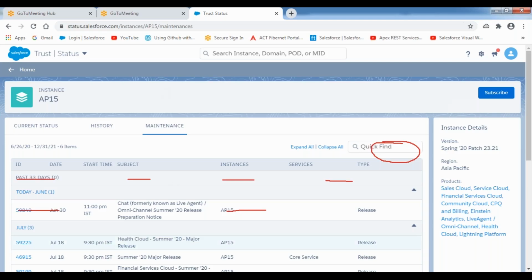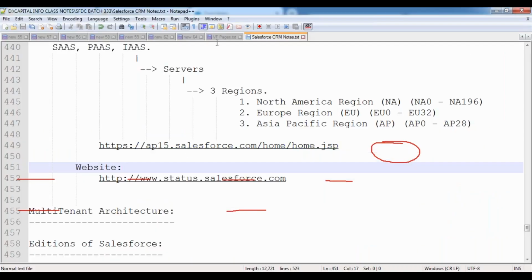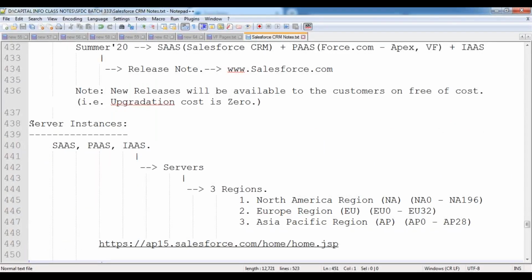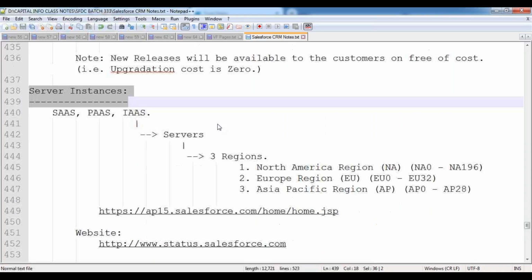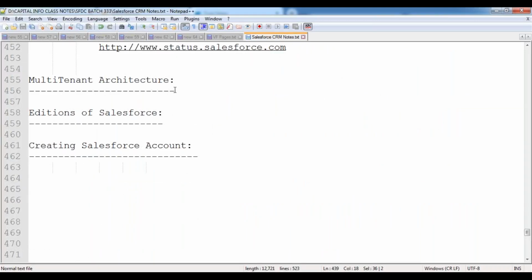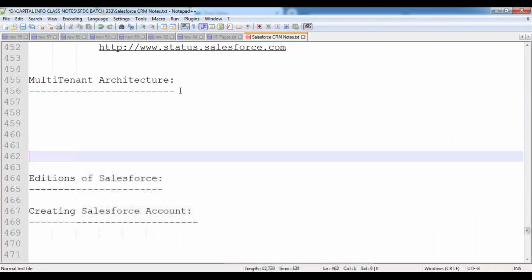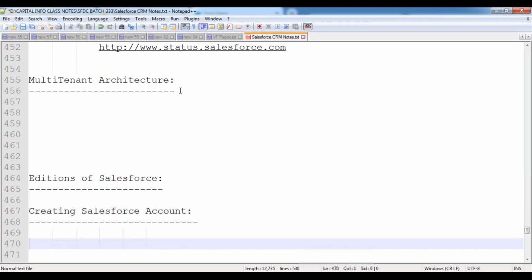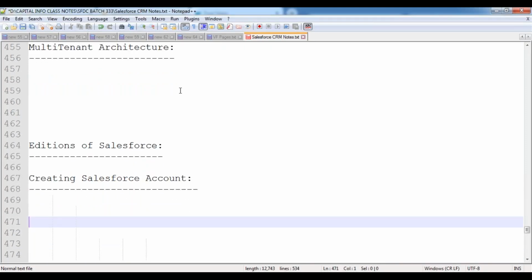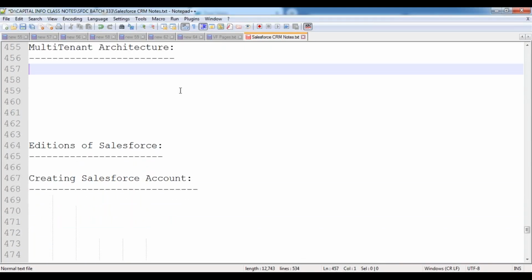Now, the next one. This is the information about the server instances, the statuses, and the maintenance calendars that we can verify for each and every server. The next concept is multi-tenant architecture.